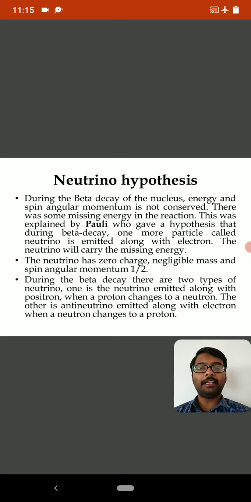During beta decay, two types of elementary particles are emitted. When a proton is converted into a neutron, a neutrino is emitted, and when a neutron is converted into a proton, an antineutrino is emitted. With this we have completed beta decay: the properties of beta radiation, Fermi's theory of beta decay, and the neutrino hypothesis.